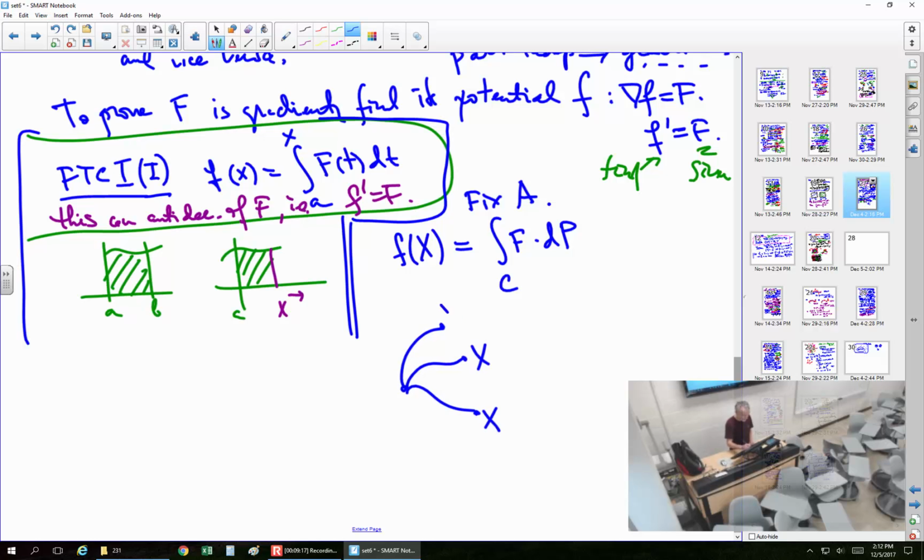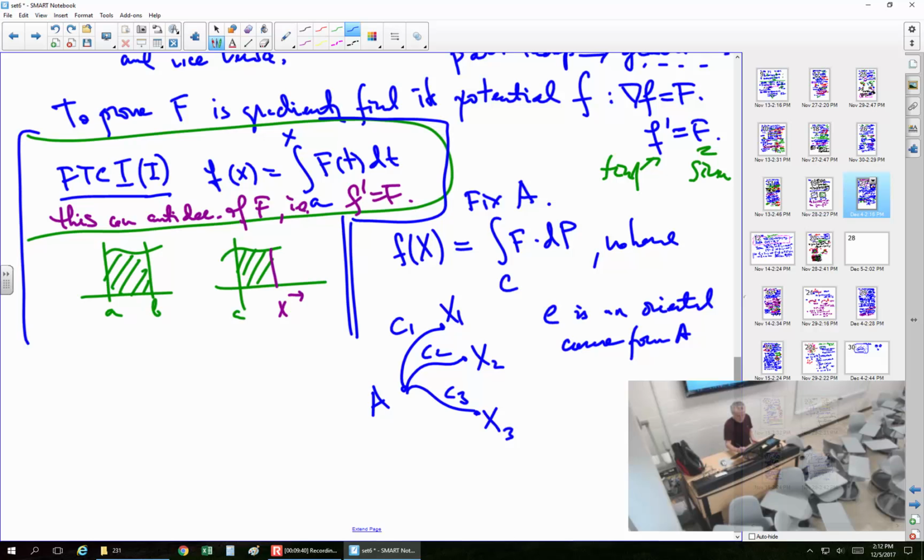So from A to B, how do I find the value of my function f at every x, say x1, 2, and 3? I integrate along these curves. That's the definition, where C is an oriented curve from A to B.